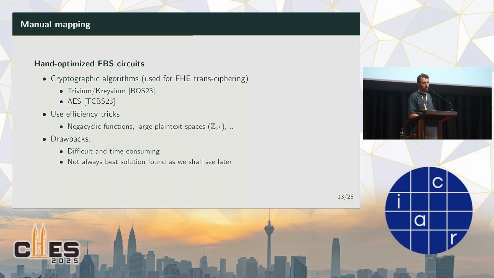You can increase the plaintext spaces, etc. The drawbacks of manual mapping are that these methods are difficult and time-consuming, and as we'll see later, you don't always find the best solution.